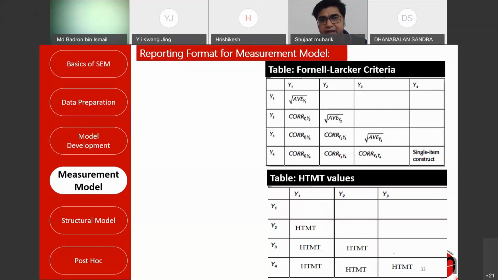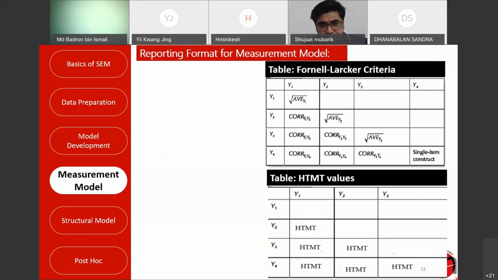So if we cannot find theoretical support or any other way to decide, we can take help of Smart PLS and apply the CTA, which we'll be discussing maybe today or in tomorrow's session.